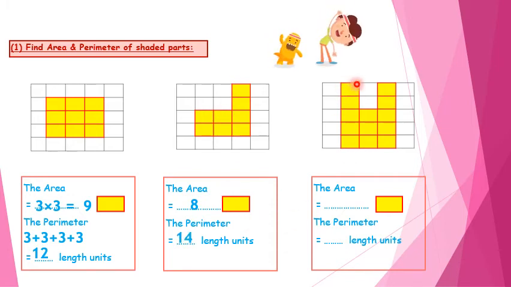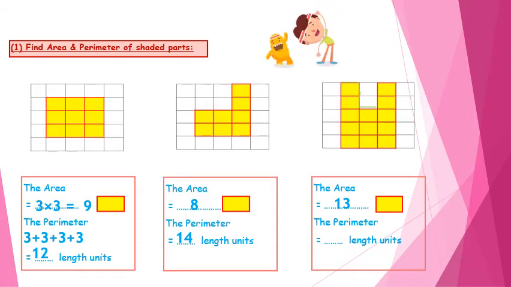What is the area here? 1, 2, 3, 4, 5, 6, 7, 8, 9, 10, 11, 12, 13. So it's 13. And the perimeter is the outline. So I count the outline. 1, 2, 3, 4. As you can see, some people miss this. When they count this one, they miss counting this one. But you must count all the outline, okay?